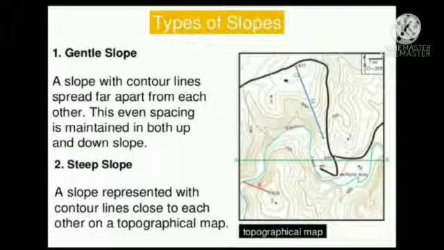This even spacing is maintained in both up and down slope is known as gentle slope. Steep slope. A slope represented with contour lines close to each other on a topographical map is steep slope.